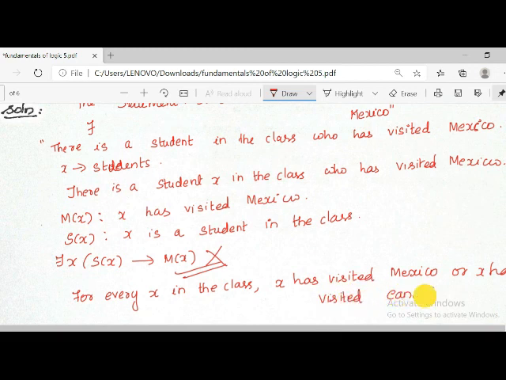Let me introduce another statement, c of x, such that c of x expresses that x has visited Canada.